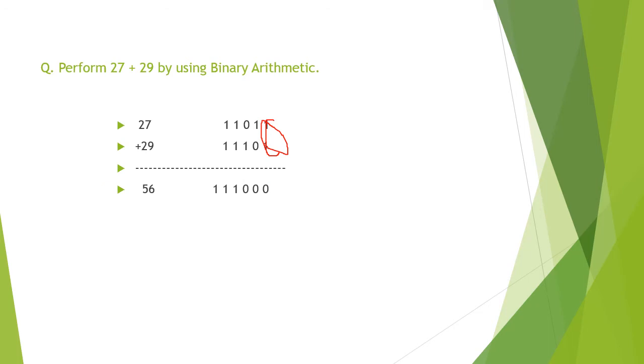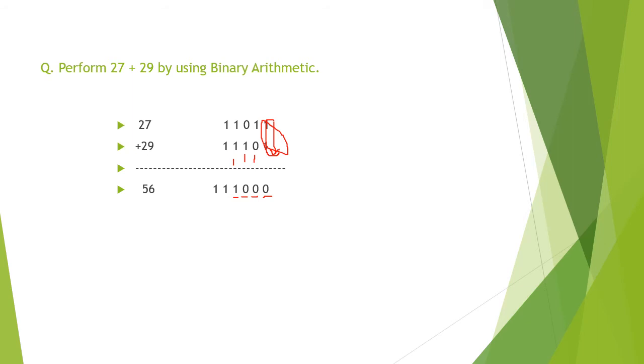So 56. Now let us see here, 1 plus 1. This addition becomes 10, where 0 is the sum, which is written over here, and 1 is the carry. Now again 1 plus 1 is 10. 0 is the sum written over here, and 1 becomes the carry. 1 plus 1 again 10. The sum is 0 and the carry 1 gets added to the next digit. 1 plus 1 plus 1 becomes 11.